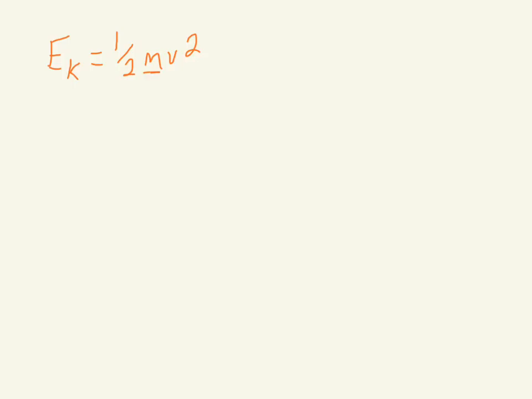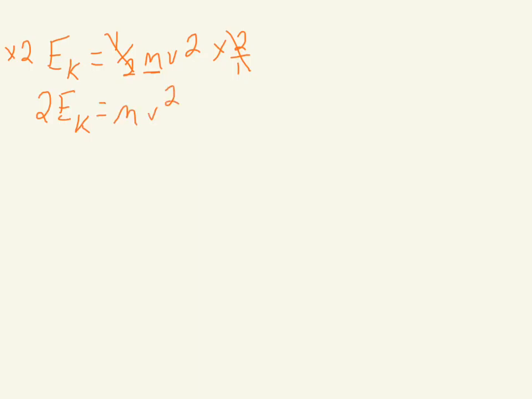The first thing we have to do is get rid of this half. The easiest thing to do would be to multiply by 2, which is the exact opposite of 1/2, so we can cancel that. Whatever you do to one side you have to do to the other, so we multiply this side by 2. Now we have 2EK equals mv squared.